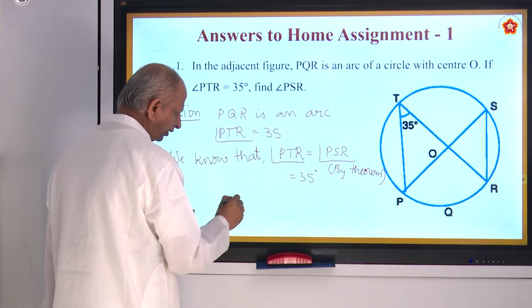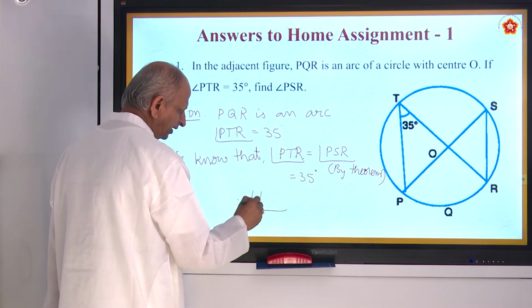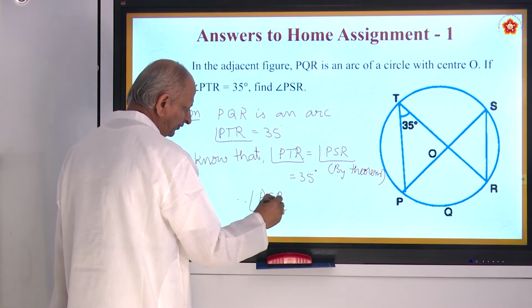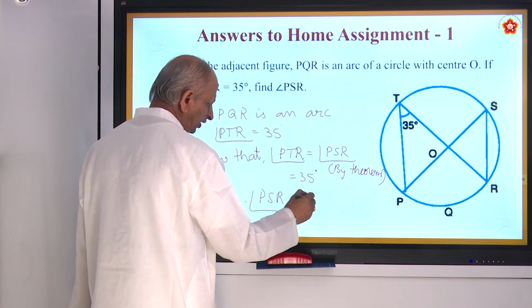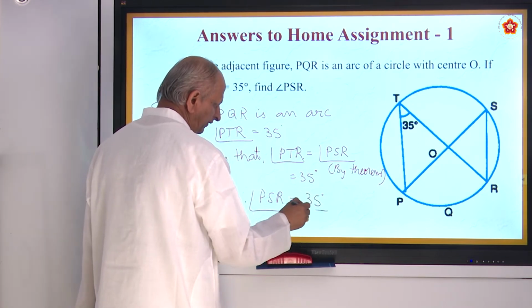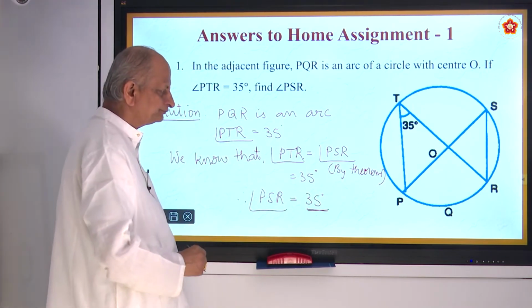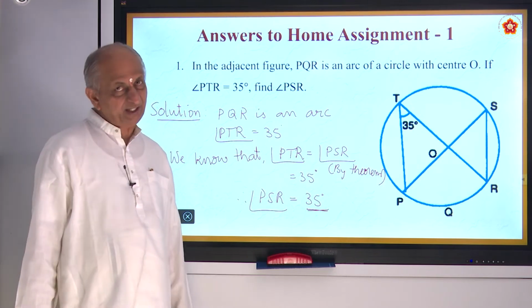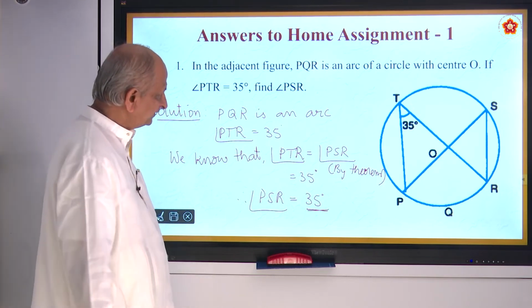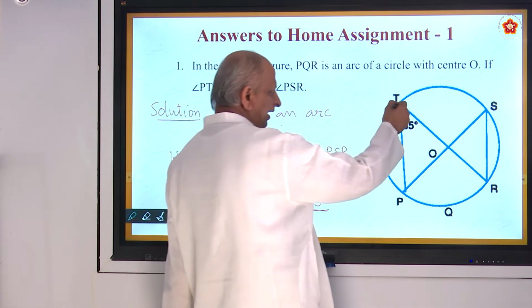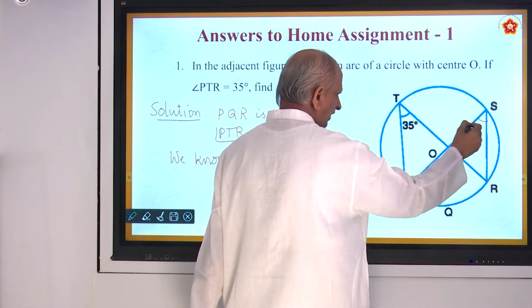And therefore, it is a 1 mark question, angle PSR is also equal to 35 degrees. That is by theorem. What does the theorem say? Angles at the circumference will be equal.